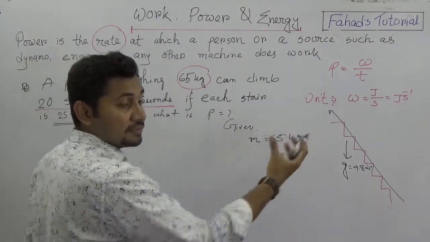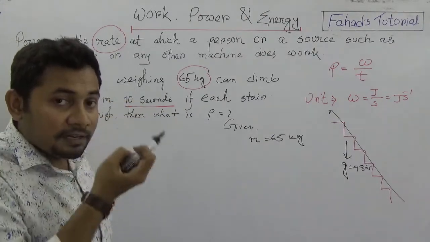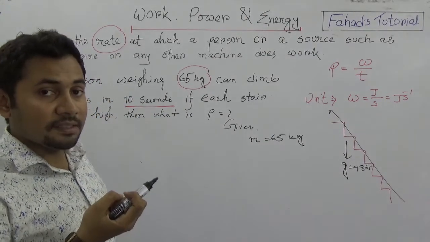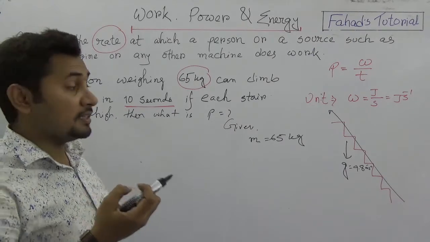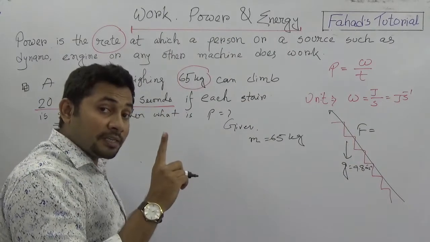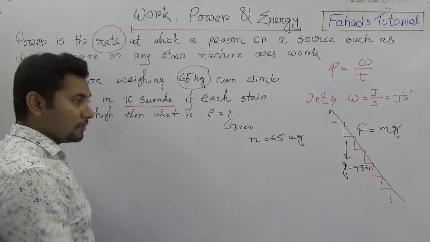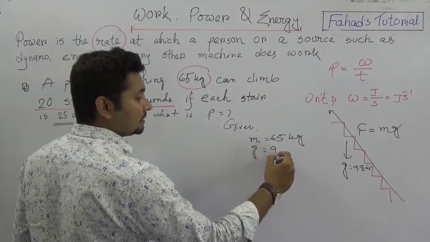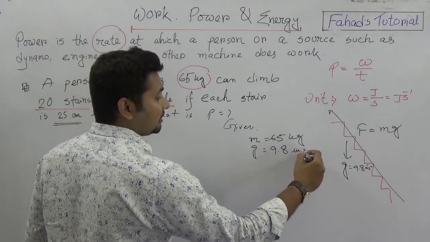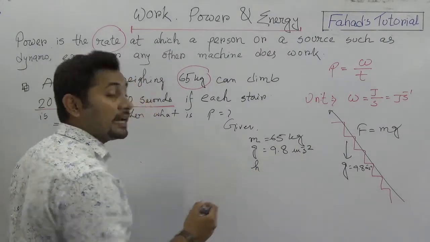So here definitely there is the concept of weight. That means it will definitely be attracted by the center of the earth. So W equal to mg. That means F, the amount of force, is equal to his weight, so that would be mg. So here we must consider g is 9.8 meter per second square, and then the amount of height.